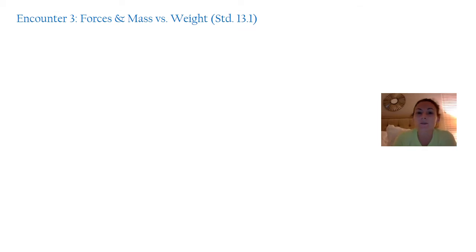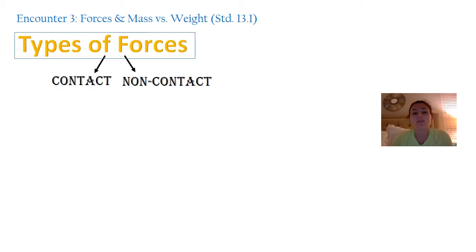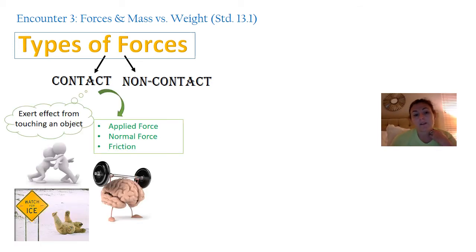All right, on to 13.1, which is forces, and then mass versus weight. There are two types of forces, contact and non-contact. Let's talk about contact first. Contact forces are those that exert an effect by touching. So when you push somebody, that's a contact force, also known as an applied force.